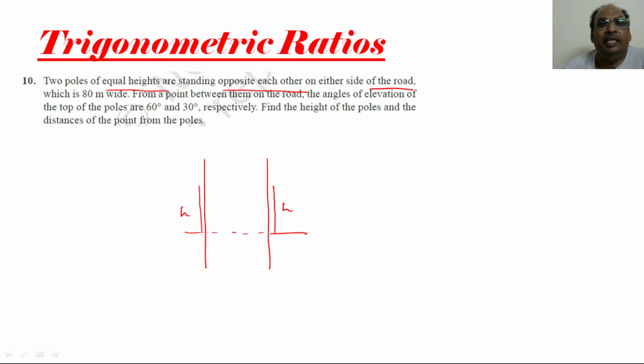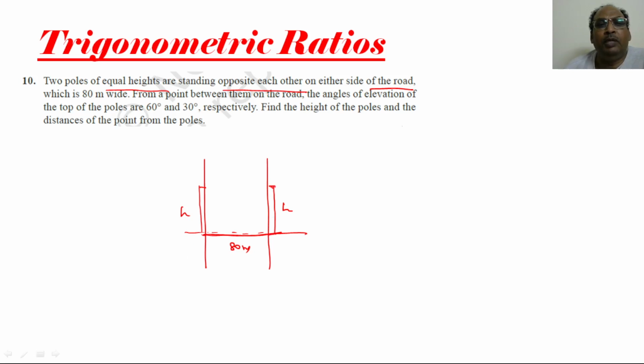Which is 80 meter wide. So let us take that these two poles are at a distance of 80 meter. Okay, 80 meter wide road. Fine.